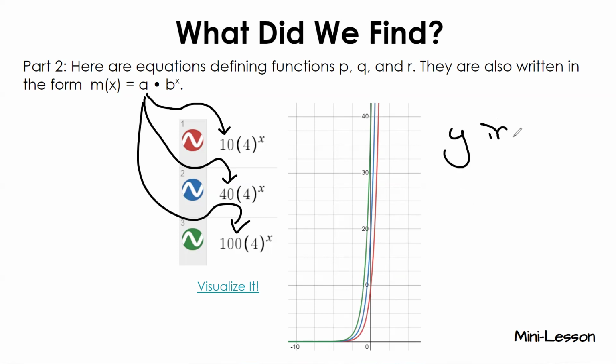So the y-intercept is going to be different. Whatever that initial amount is out in the front, that's your y-intercept. Most of the time, unless it's got a transformation, which we're going to talk about in a second. So the y-intercept is different.